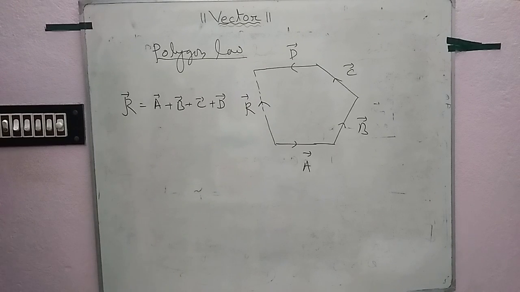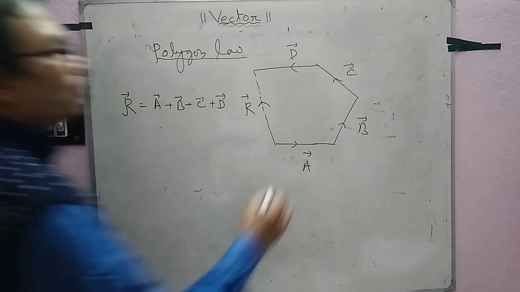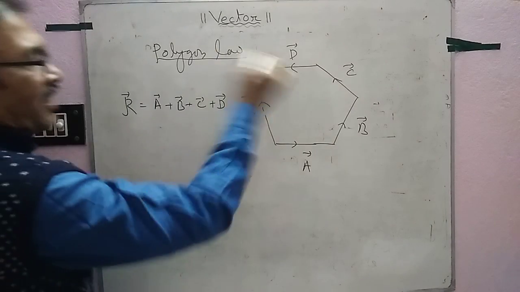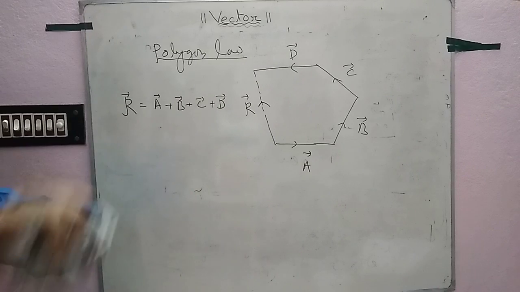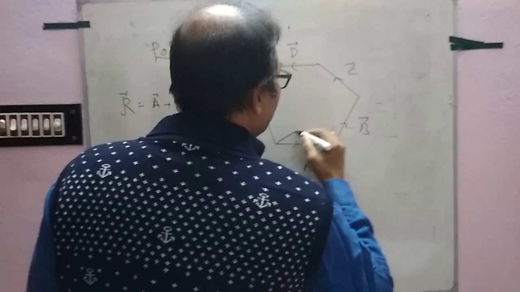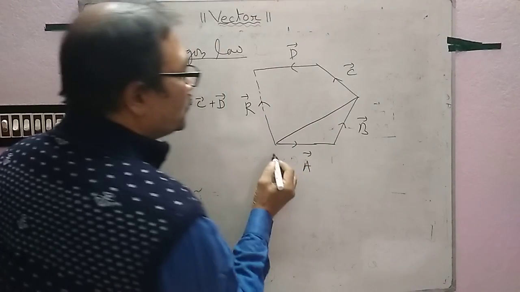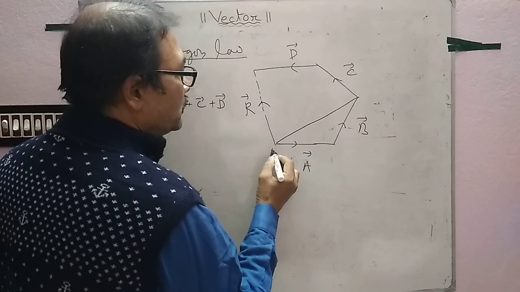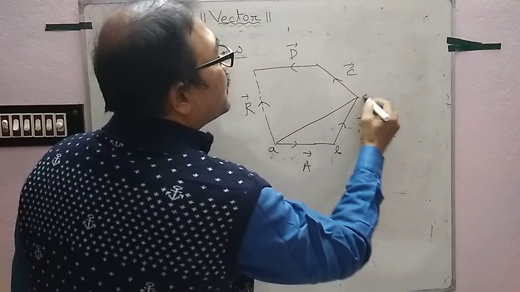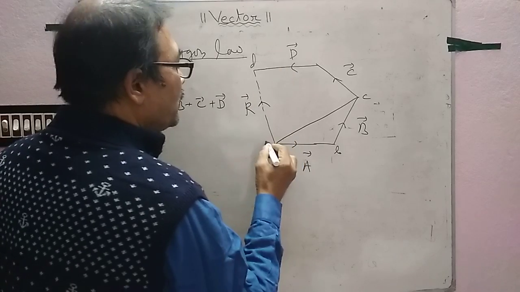We have to prove polygon law from triangular law. কি বললাম? ত্রিভুজ সূত্র থেকে বহুভুজ সূত্রে কিভাবে আমরা পৌঁছাবো? Draw this side. Name the points a b c d.